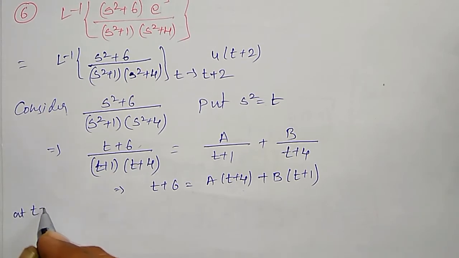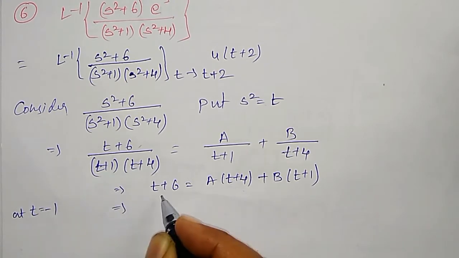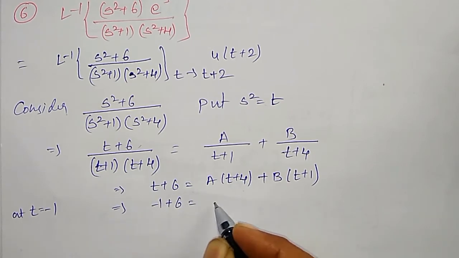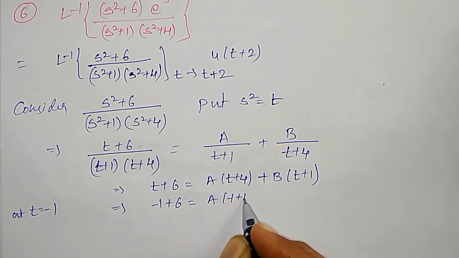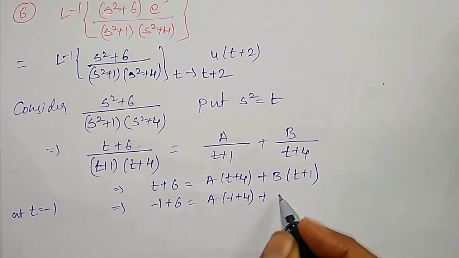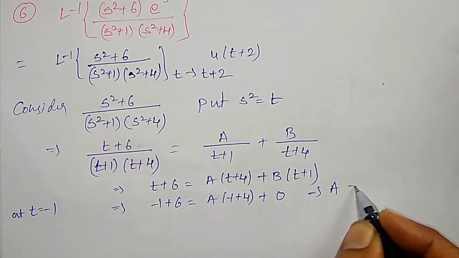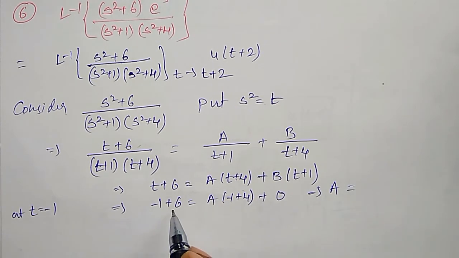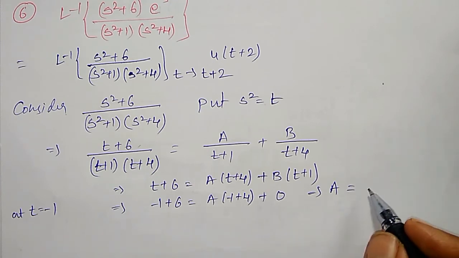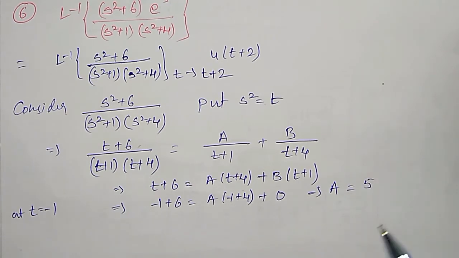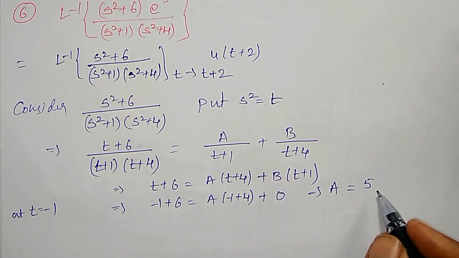At t equal to minus 1, minus 1 plus 6 equals a into minus 1 plus 4 plus b into 0, which implies a is equal to 5 divided by 3.